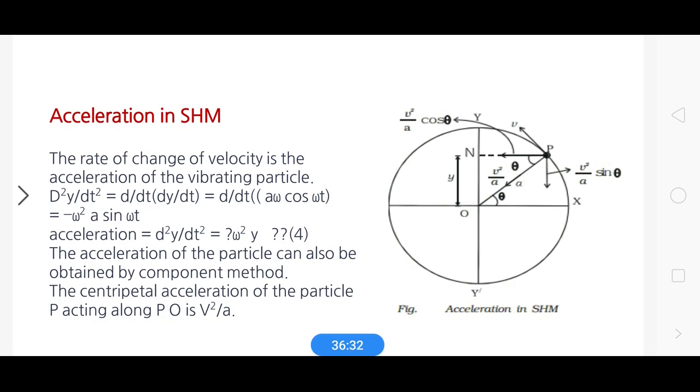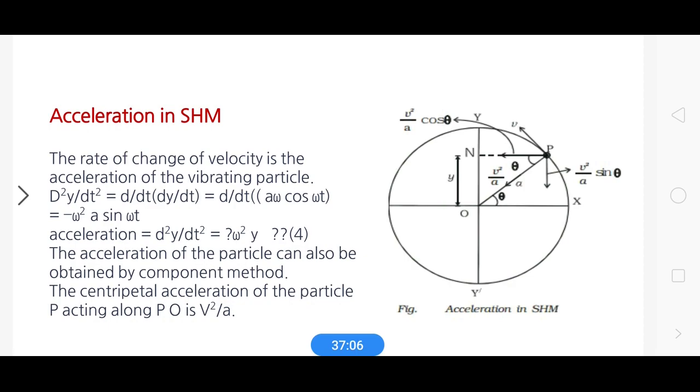But here also I am resolving into two components. The horizontal component is along the x direction and the vertical component is along the y direction. Here the angle NPO is theta. Along the PN direction we get one value, and along the perpendicular to PN we get another component.